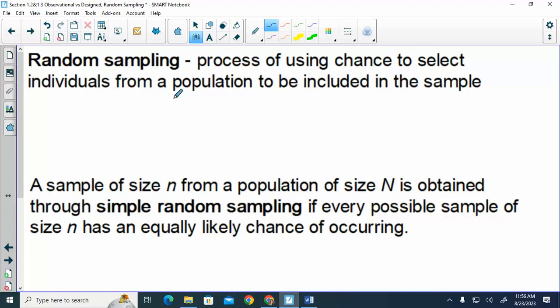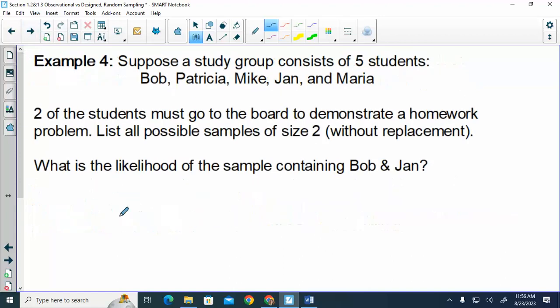Where we are going to finish today is on the examples page. We're going to look at 2 more examples. The first one, we are going to create a sample. So I have a study group with 5 students. I have to pick 2 to go to the board and do a problem.